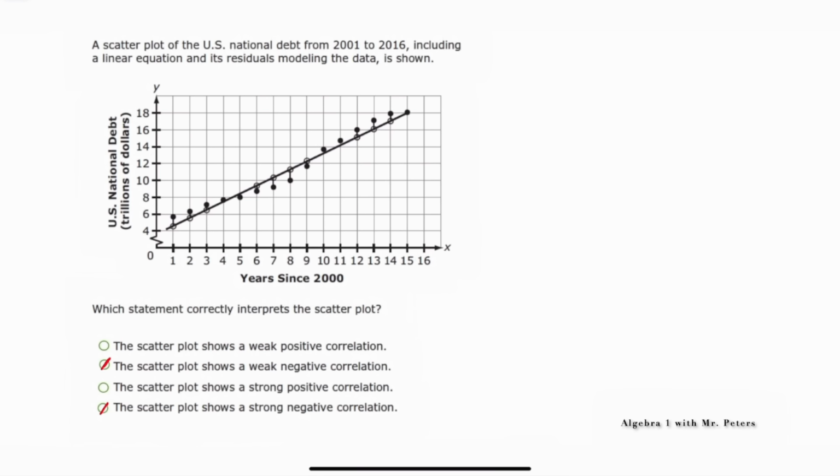The reason why it's going to be answer choice C is because when we look at these points that surround that line, they're very close to it. A weak correlation would be something like this, where those points are not closely aligned with that line. Just as an example, most of those points are close to or following that trend line, so that means it's going to be a strong positive relationship slash correlation.